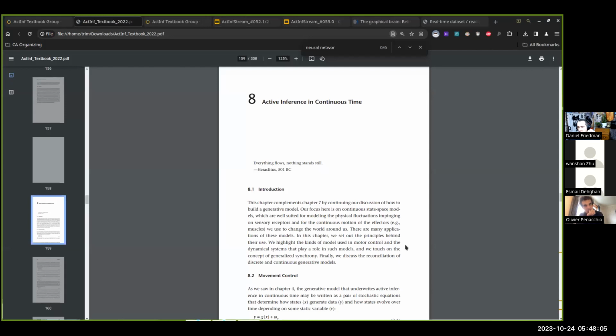This textbook, the 2022 textbook that we're ostensibly discussing, is kind of the MATLAB SPM era and approach. PyMDP, the Infer Actively package, represents a sort of partially first principles approach, partially ported over from SPM, and they focus their development on discrete time modeling.